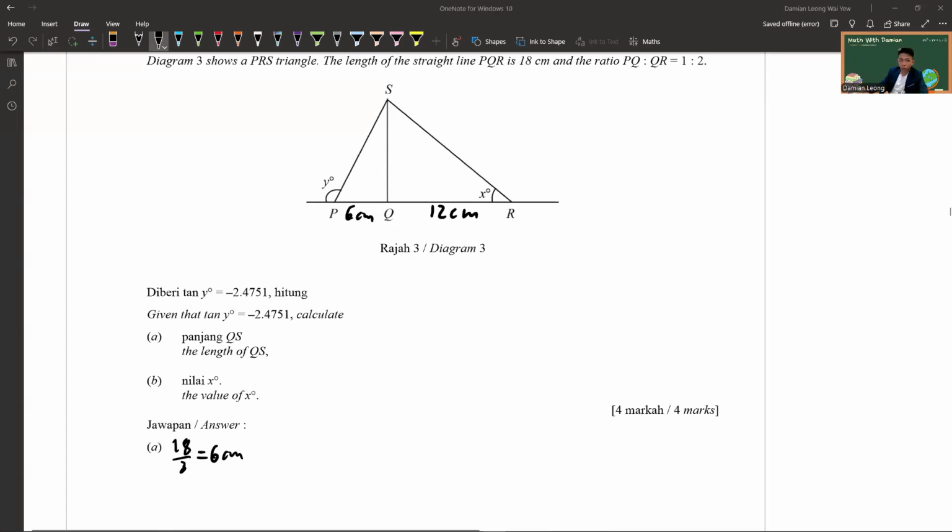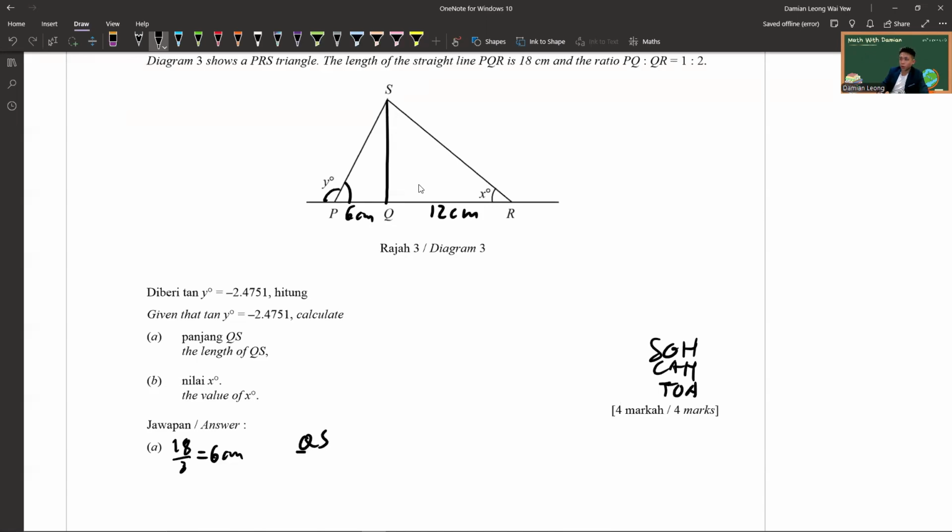Okay. Then length of QS, this length, and I'm given tangent y is negative 2.4751. Why here? Reference angle is this. Okay, means opposite over adjacent. Okay, use soh-cah-toa. Tangent is toa, opposite over adjacent.